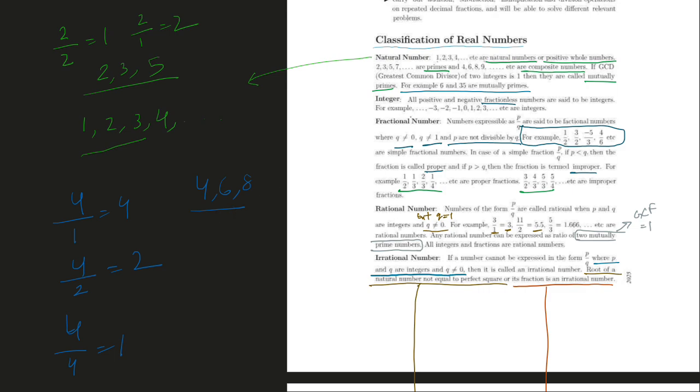So integers are all positive and negative fractionless numbers. Previously, what we said for natural numbers are all the positive whole numbers, so there were 1, 2, 3.